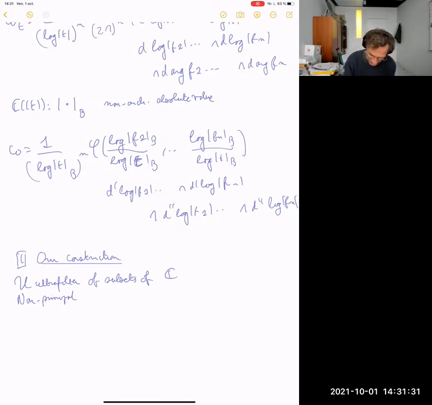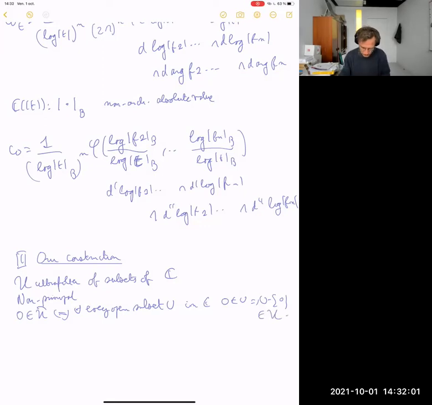It is non-principal, and I claim that 0 is in the closure, which means in fact that for every open subset U in C, if 0 belongs to U, then the complement, when you puncture this neighborhood, belongs to the ultrafilter.